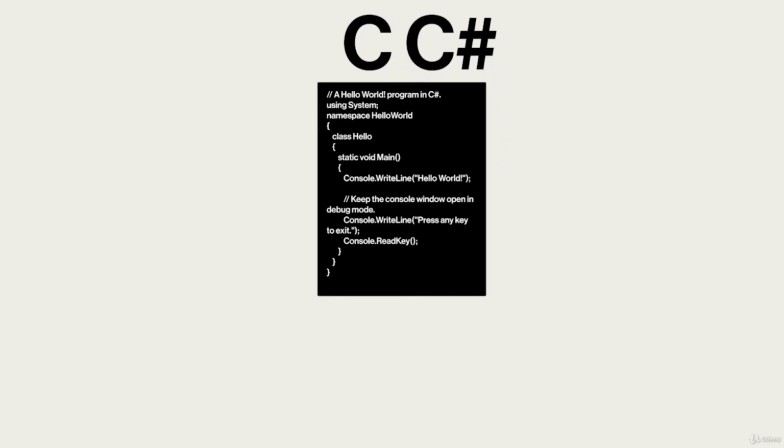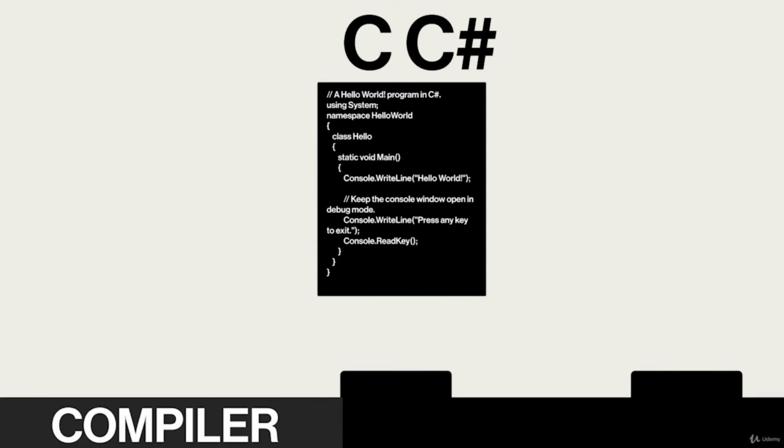And what you do is you write code, and they're really just text files, and they write the code to do whatever you want them to do. The trick is that they don't run like this. You run them through another program called a compiler, and the compiler will then generate these exe files for us.